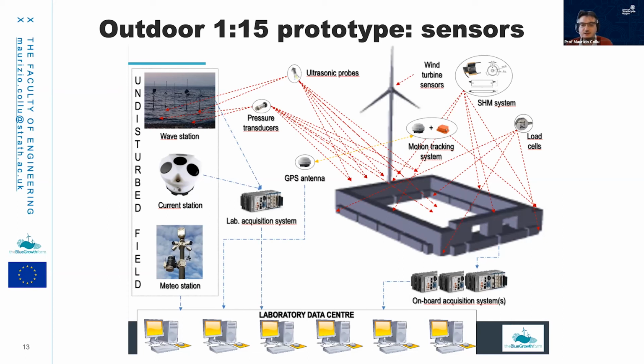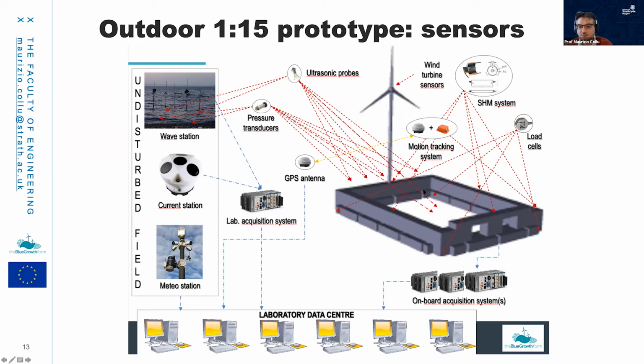Because as you know, in the sea, you cannot control wind, you cannot control waves. So you need to know exactly what the inputs are: what wind is acting on the turbine, what waves are acting on your platform. So there is an array of sensors just to measure the meteorological conditions.